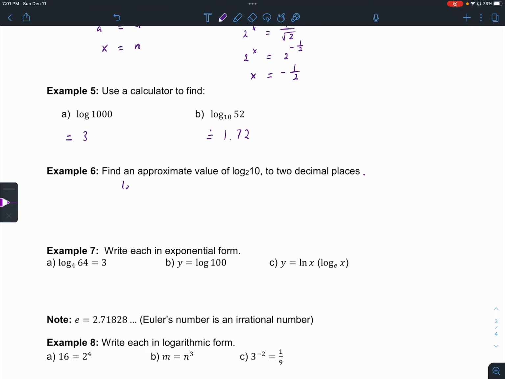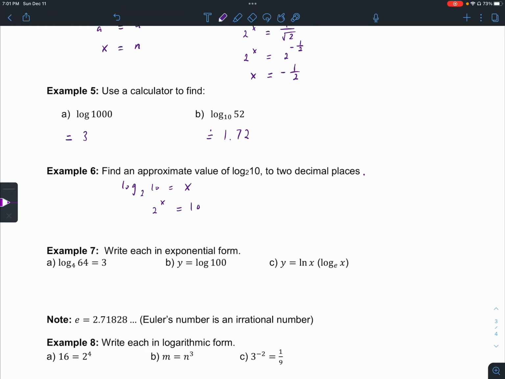Now, in the future, we're going to learn how to actually get an exact value for this, but here we're just going to approximate. So if we convert this, we're going to have 2 to the exponent of x is equal to 10. And now what we could do is we could use trial and error.